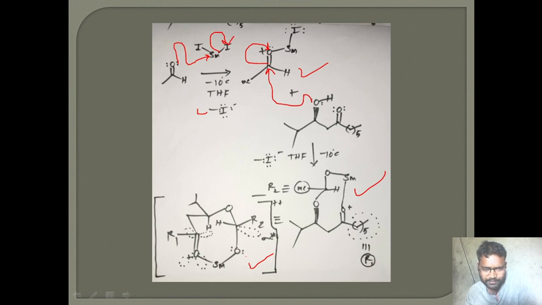Now listen carefully. A lone pair of this oxygen will attack the sigma star orbital of this carbon hydrogen bond, and this carbon hydrogen bond, which is parallel to this pi star orbital, is going to attack the pi star orbital like this, and the pi bond breaks.